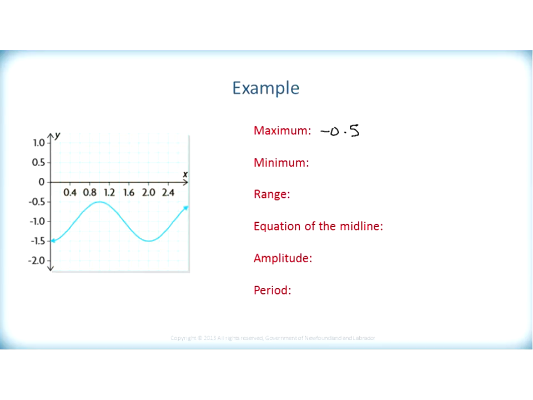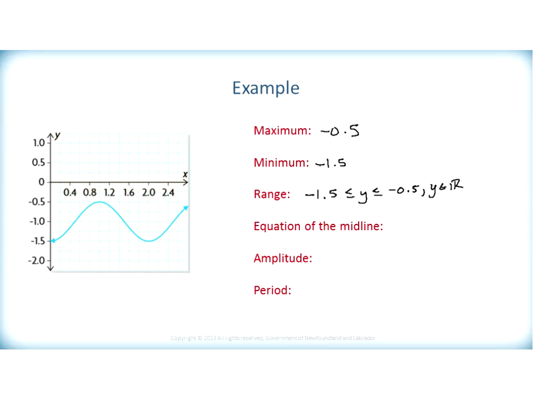Our minimum is right here at -1.5. And our range, of course, is from our minimum to our maximum. So we have -1.5 is less than or equal to y, which is less than or equal to our maximum. And y belongs to the set of real numbers.